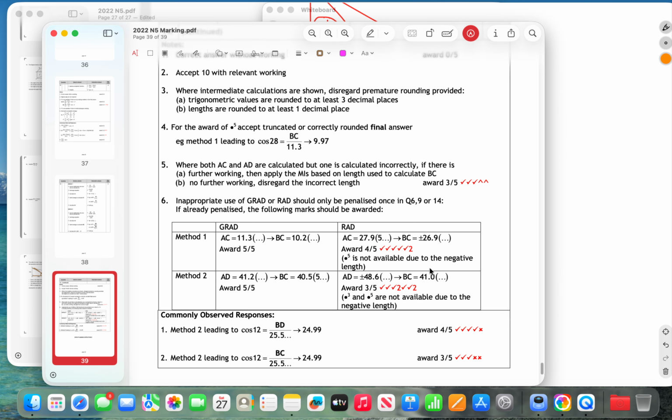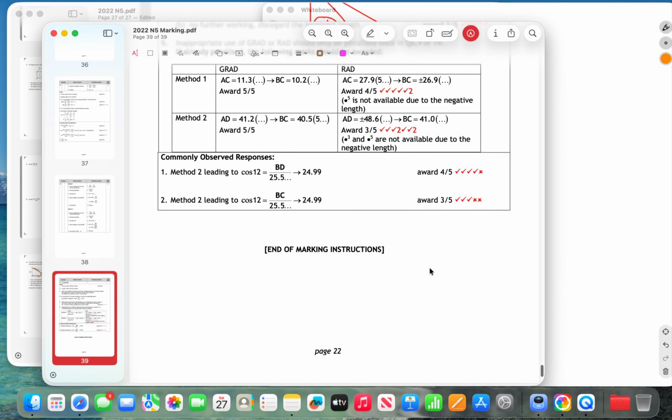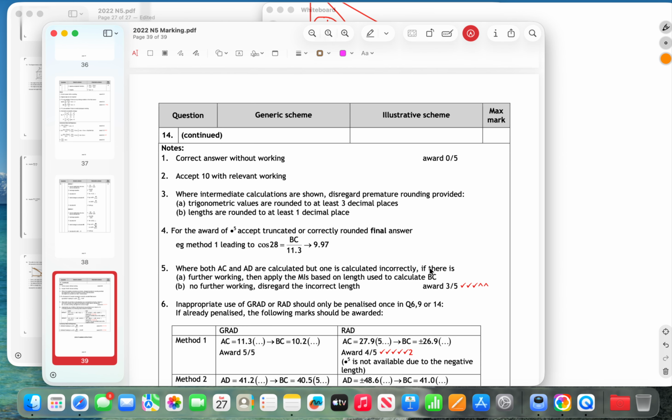Having a look at the common mistakes or responses that pupils gave. Number one is no working would get no marks, because the examiner or the marker needs to see that you're able to apply the sine and cosine rule, and that you know when to use the sine and the cosine rule.